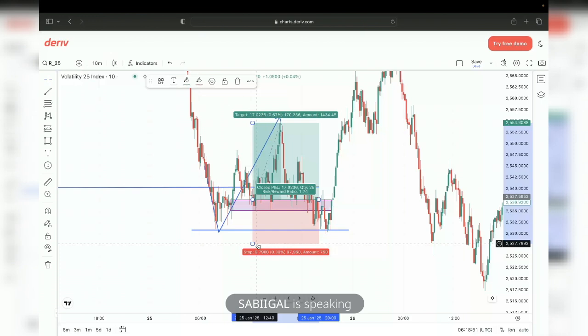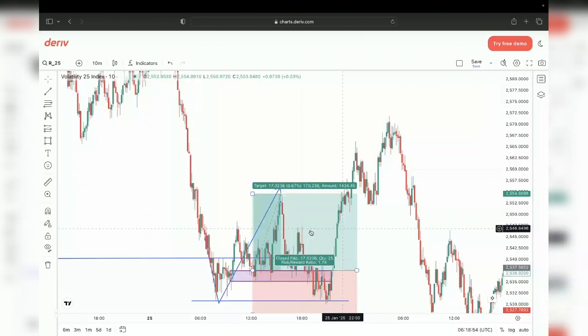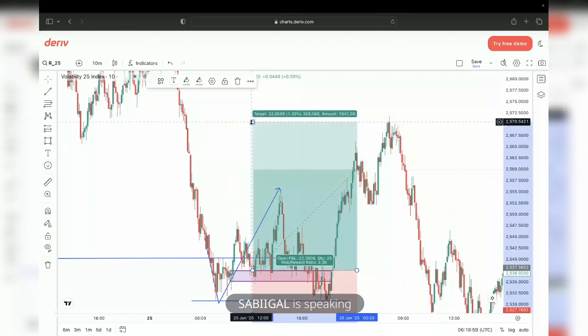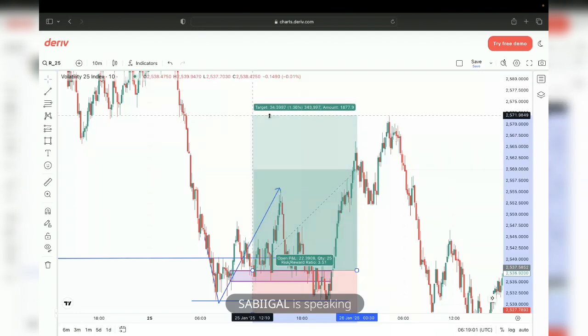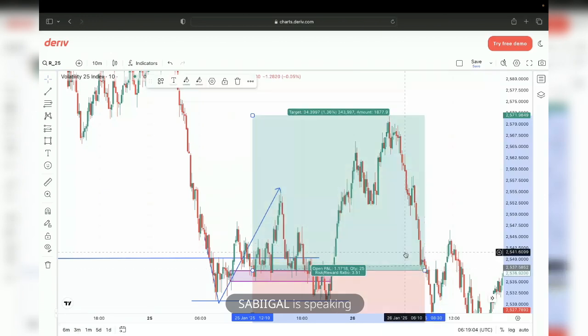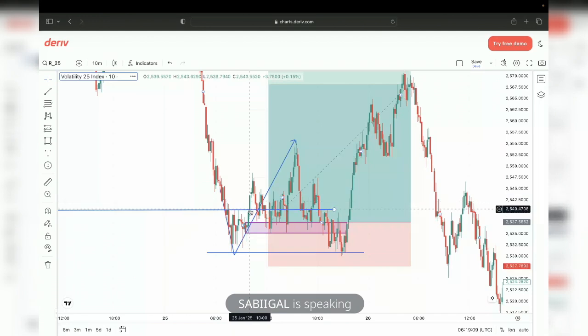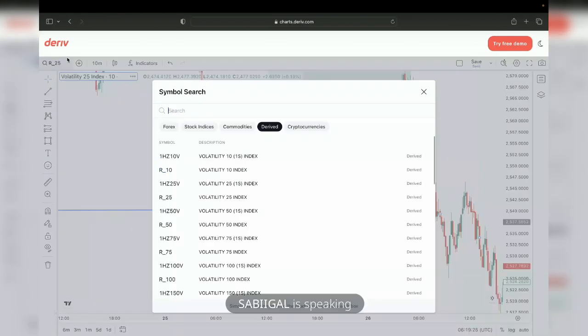That's all you are doing, because you must have checked, and this is over 1, 2, 3, 5 and you cannot actually put your entry here to this point, quite far. So after that point has been taken out, you are using the last demand zone to buy again.